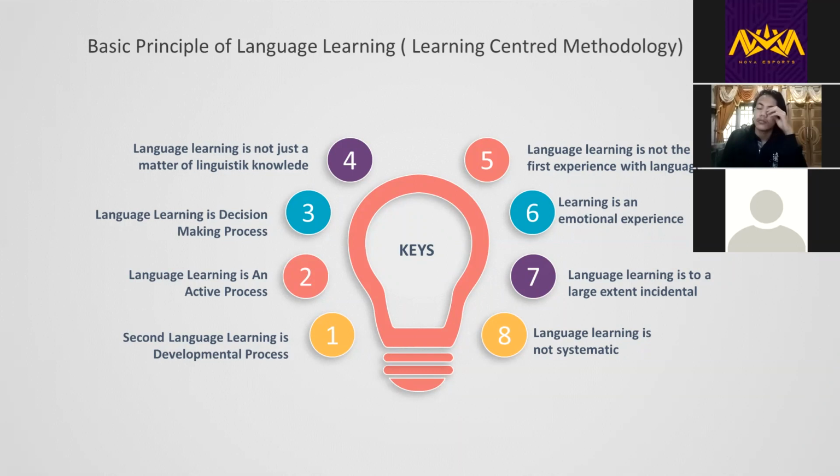And then the second point is that language learning is an active process. In the learning process, we not only need to know the knowledge, but students also need to use that knowledge to be active. There are 2 points that we need to consider about language learning as an active process.